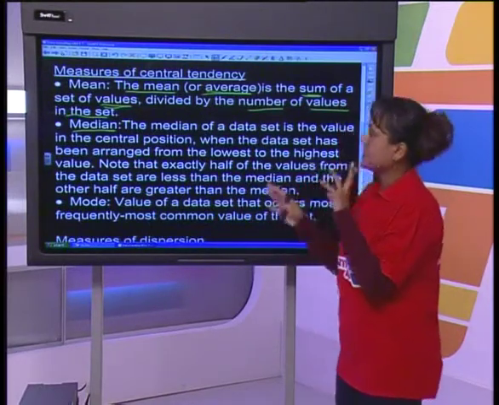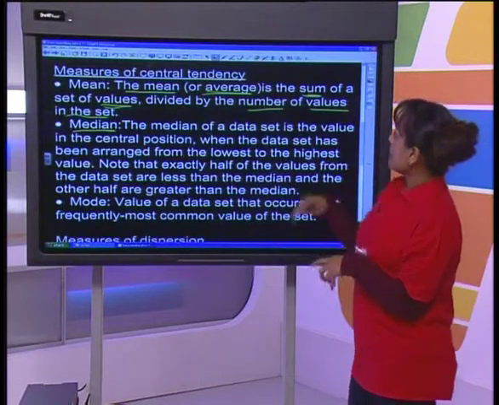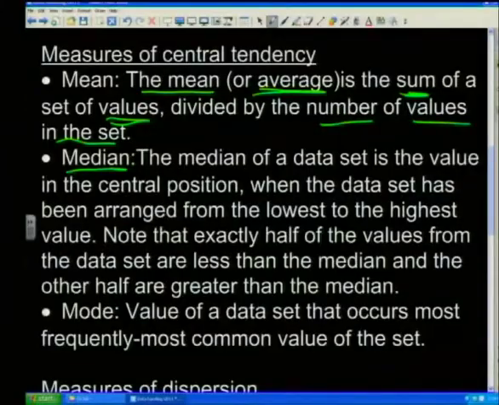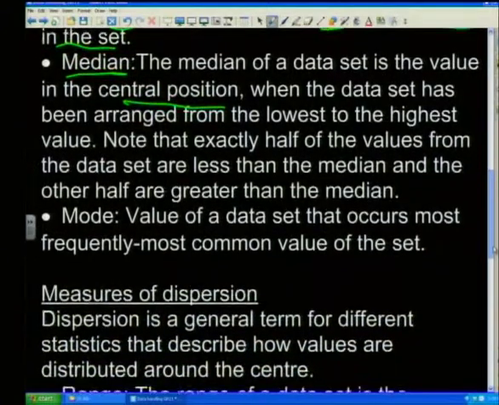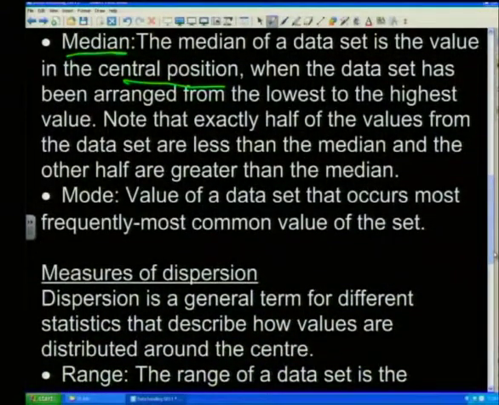Remember, you have done this before in grade 10. It is the value in the central position, and there are different ways to look at it depending on whether you're dealing with an odd or even set of numbers. The important thing about the median is that exactly half of the values from the data set are less than that number, and exactly half of them are greater than your median. Your mode is the value that occurs the most frequently or the most often in your data set.